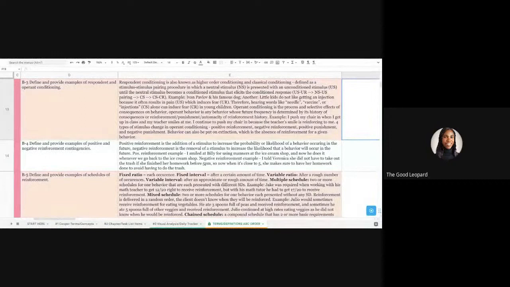So for your question, Pamela, yes, the reason that pain would not be conditioned is because anything that's conditioned is learned. So we didn't have to learn to feel pain. Okay, so why is it not an unconditioned response?